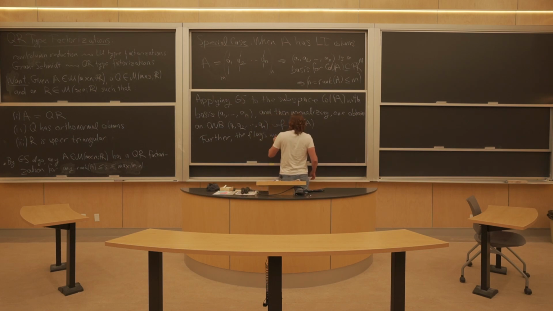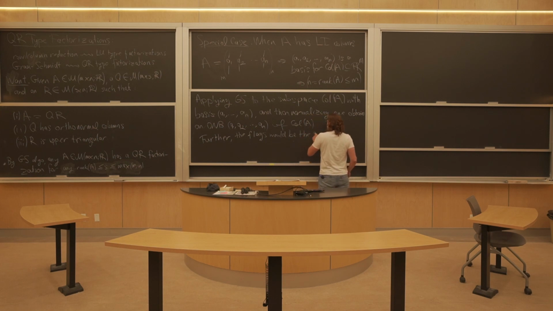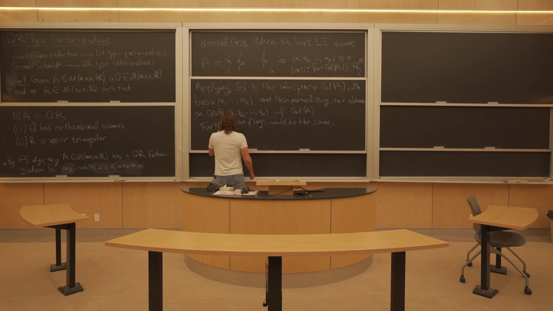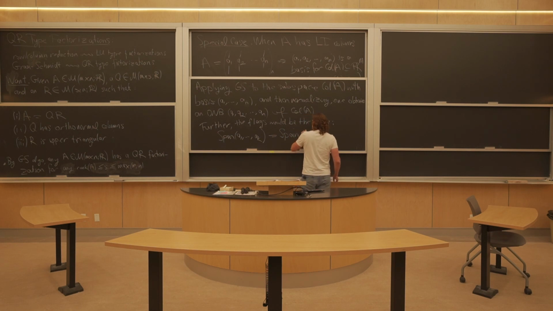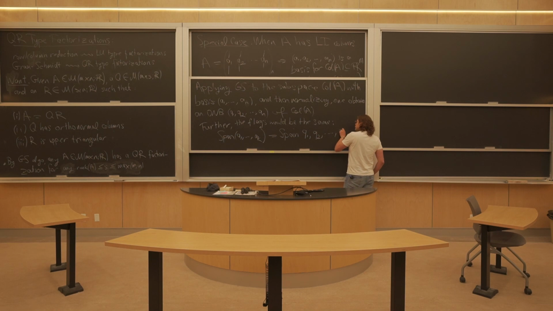The flags would be the same. Meaning that for any index k, the span of A1 to Ak would be the same thing as the span of Q1 to Qk.